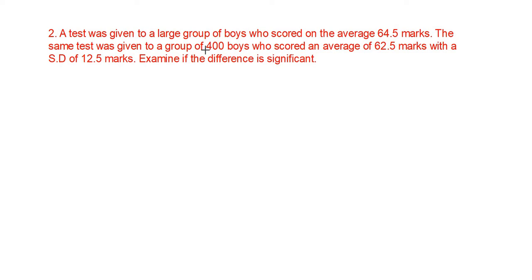The group of 400 boys, so this is a sample size, n is equal to 400, which is greater than 30, therefore it is coming under large sample, and the average of that sample is 62.5, that is x bar is 62.5, and the standard deviation of the sample is S, 12.5. Examine if the difference is significant.